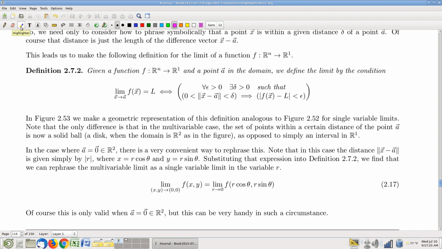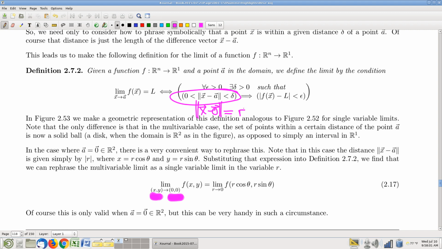Suppose that you are looking at a limit as the vector x, so (x, y), approaches the origin. I'll make the observation that if you're approaching the origin, the magnitude of x minus a becomes the magnitude of x minus 0, which becomes just the polar coordinate r.